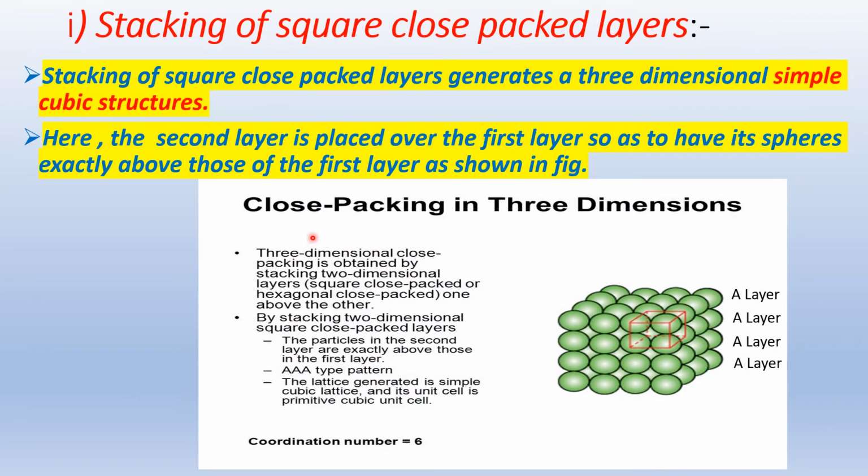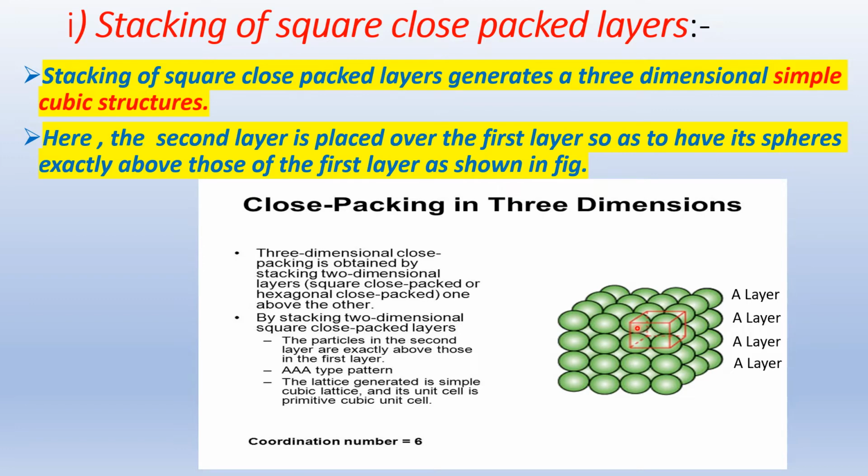In these simple figures you have to observe close packing in three dimensions. This three-dimensional A type layers diagram is here. All the layers are attached one over the other: first layer, second layer, third layer, fourth layer.